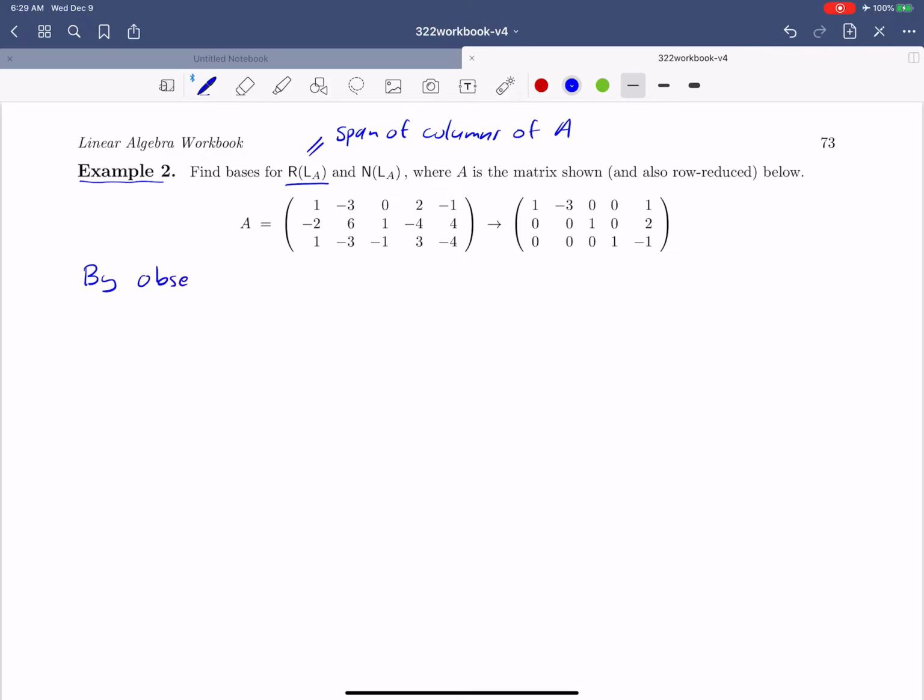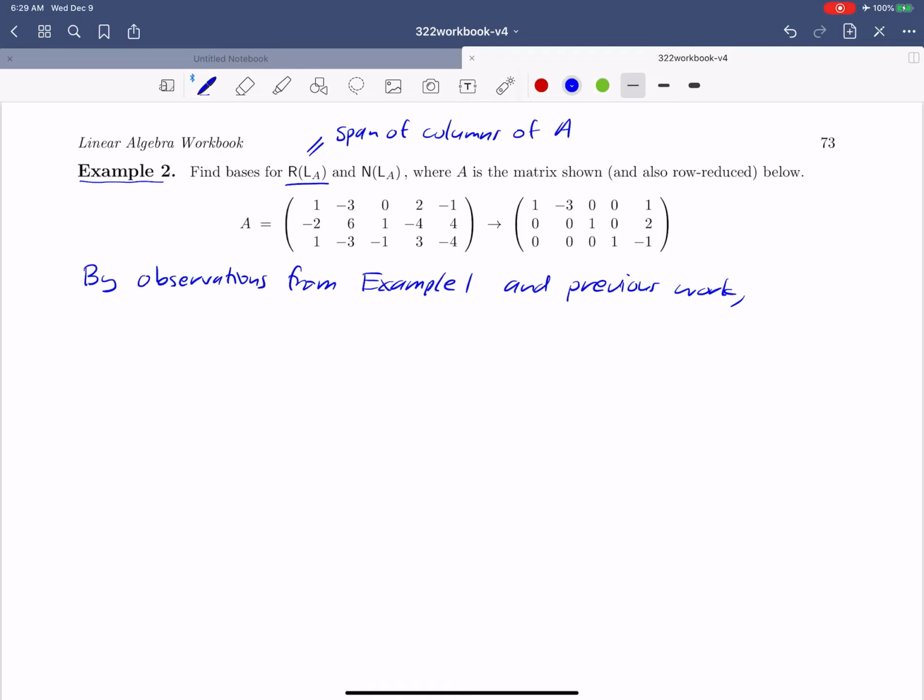So by our observations from example 1 and previous work, we know that we can come up with the basis that we're looking for by identifying the pivot columns of A, and the row reduction that they did for us above is the key to doing that.